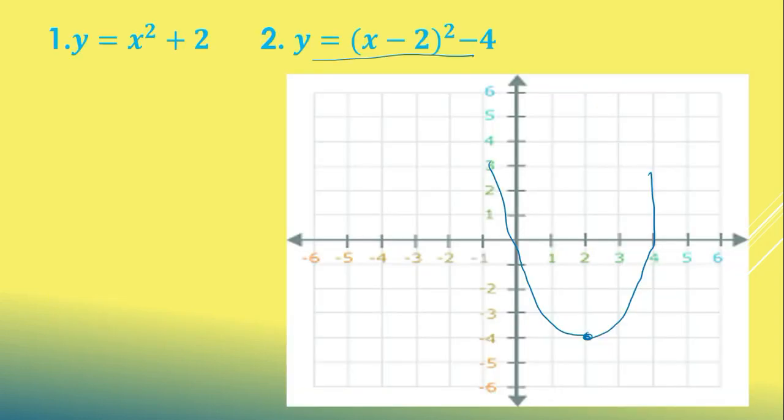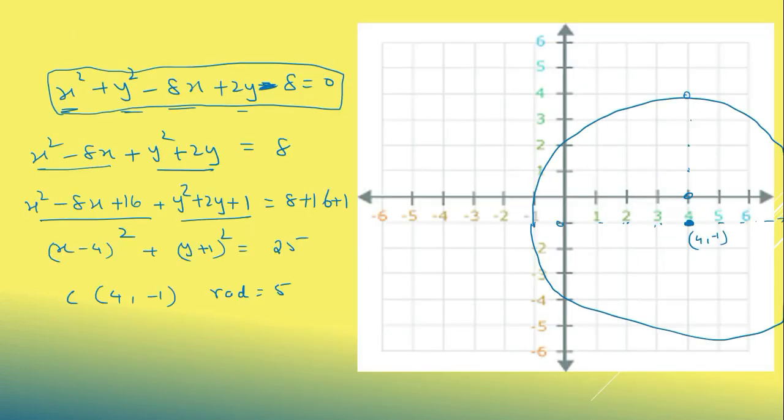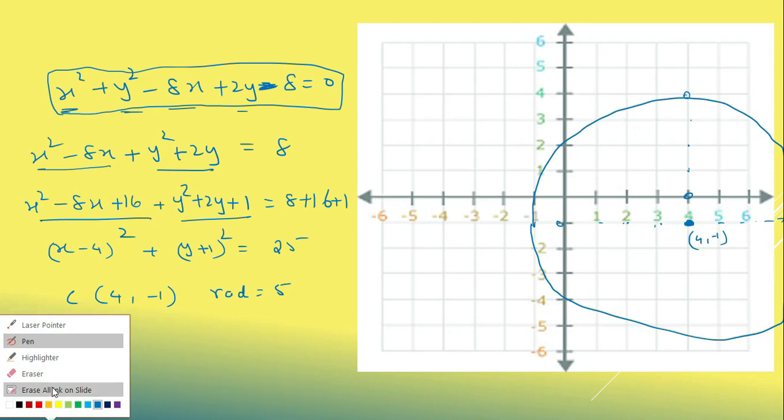Before concluding this one, I want to give a different example for a circle.